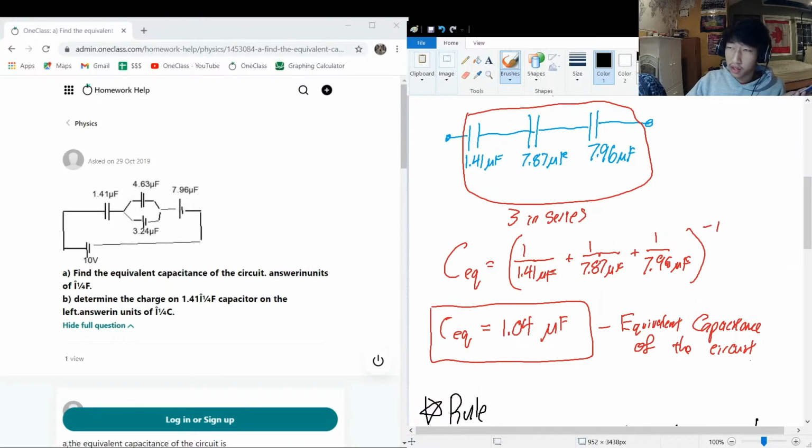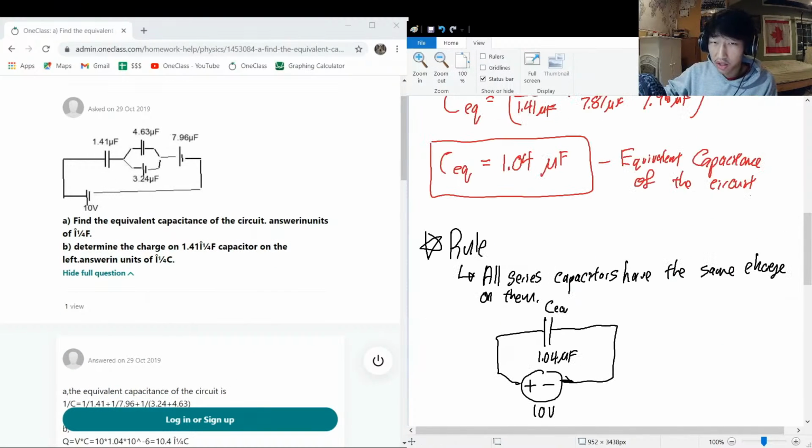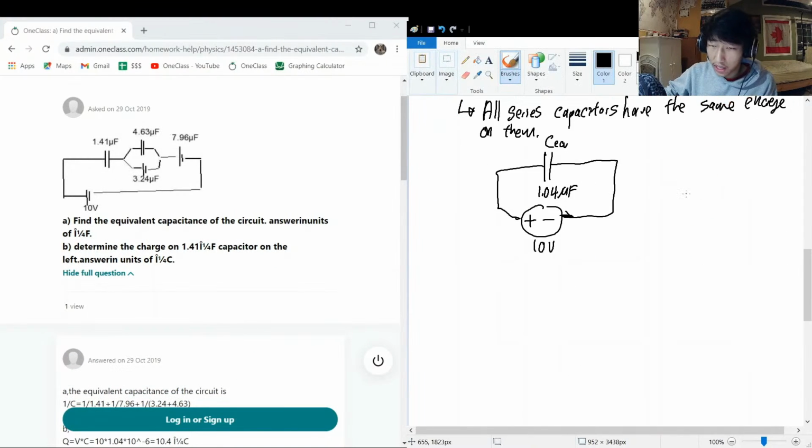So if we find the charge for the equivalent capacitance of all of them, we know that one of the series components that originally made it up has to have the same charge on it. Okay, and we know that the capacitor equation of interest is going to be Q equals CV.